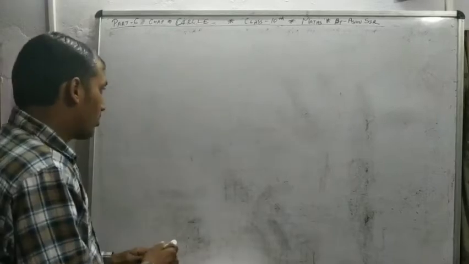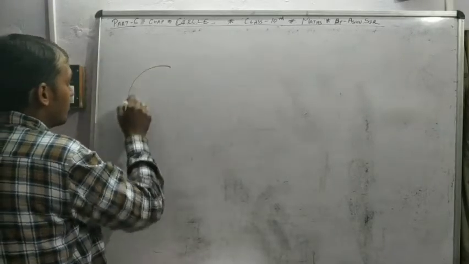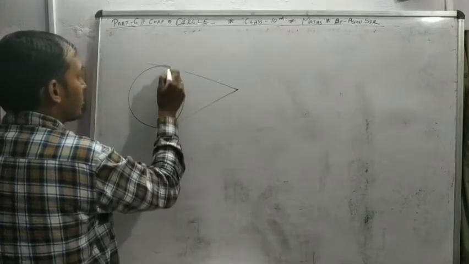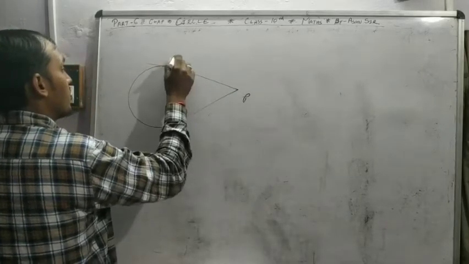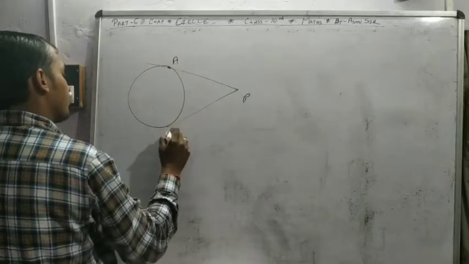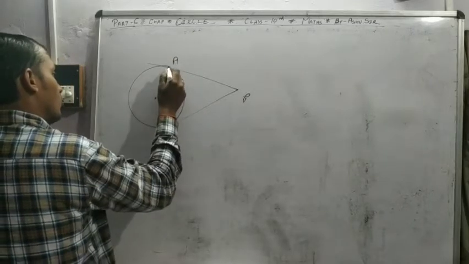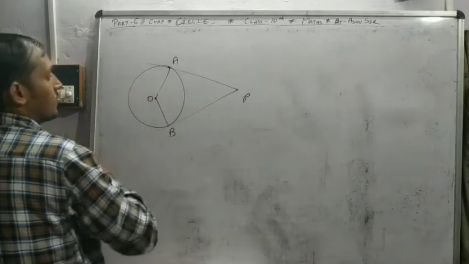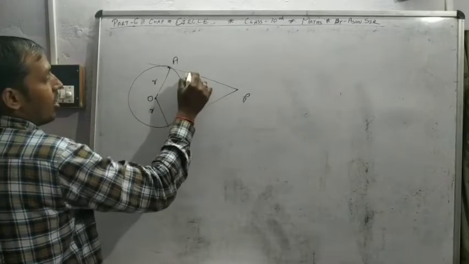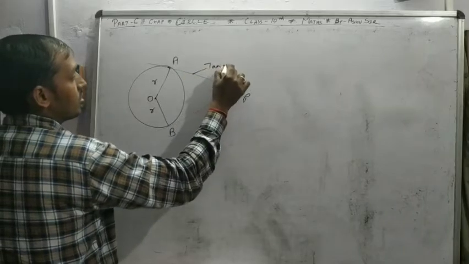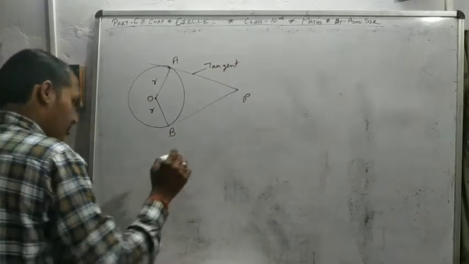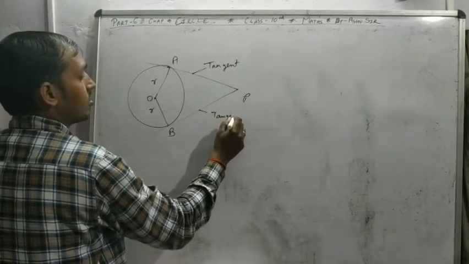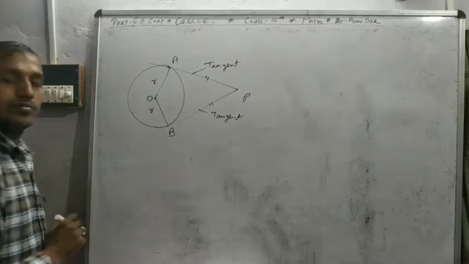Just like a small trick: this is a circle and two tangents, PA and PB, are drawn from the external point P. So we always say these are radii and these are tangents, and they are equal.